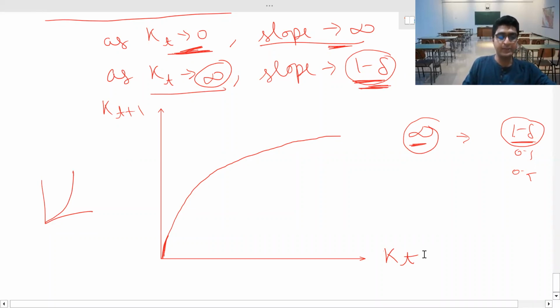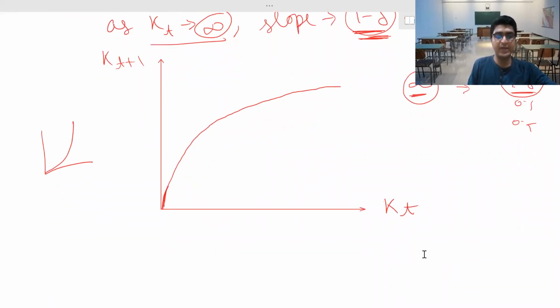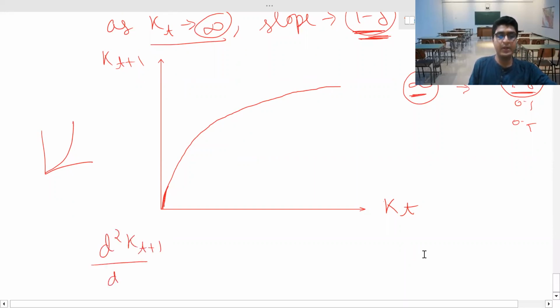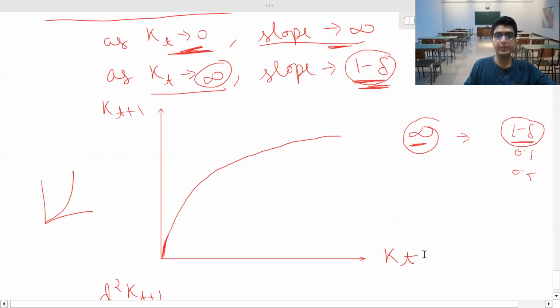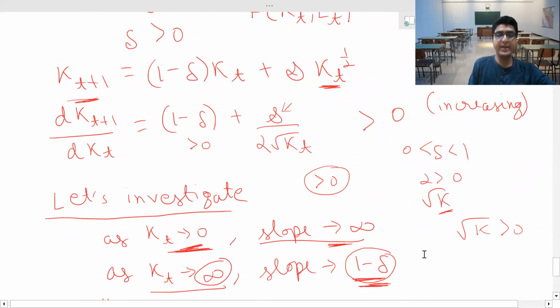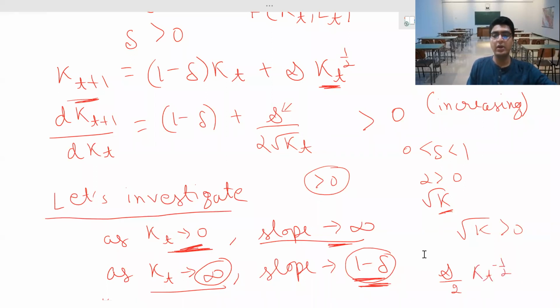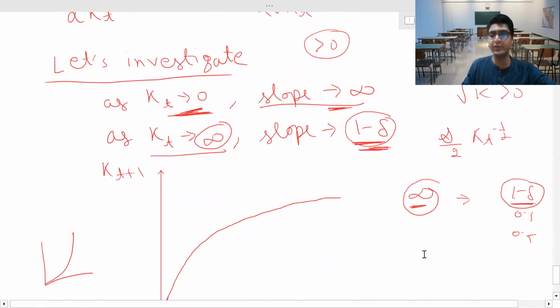Otherwise we can also check it. If I do the second derivative, let me just do that: d2 kt plus 1 by d kt square. I am taking the second derivative. So 1 minus delta has no kt left, it becomes 0. And the other term I can write as s by 2 kt to the power minus 1/2. Root kt is kt to the power 1/2, and if I take it to the numerator I have to put a minus in the power, so it is kt to the power minus 1/2.